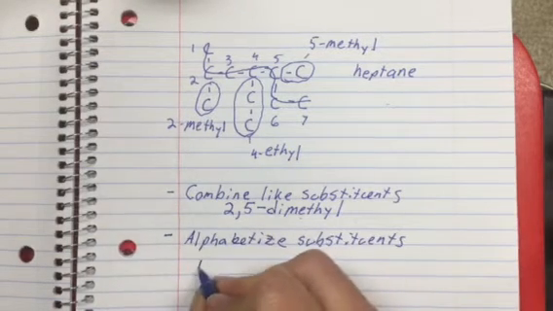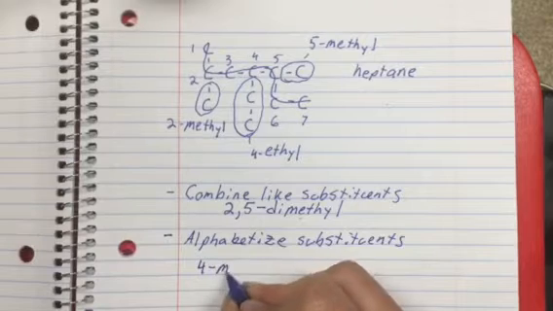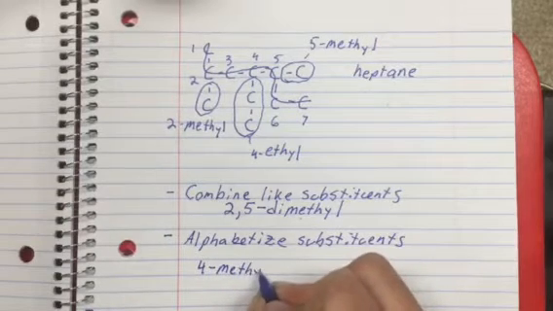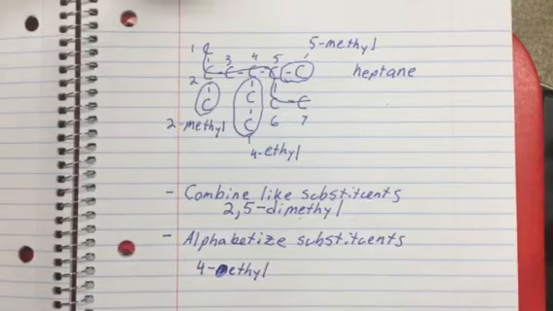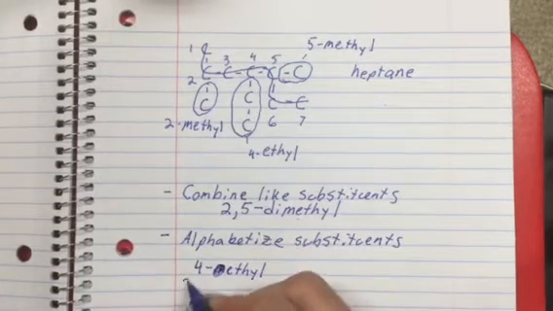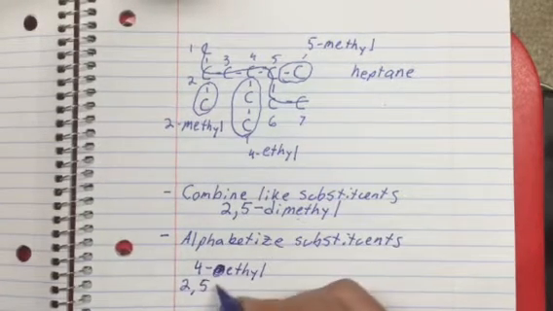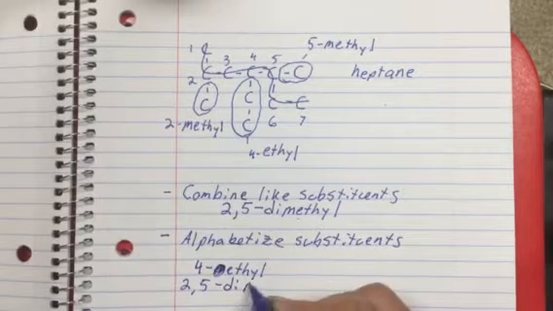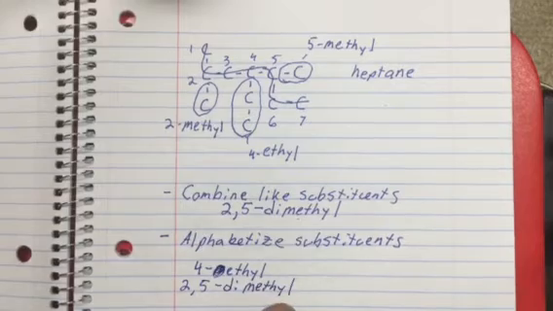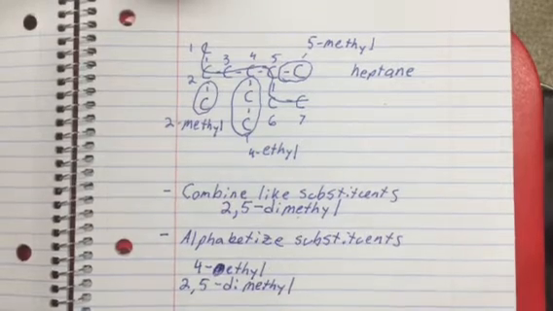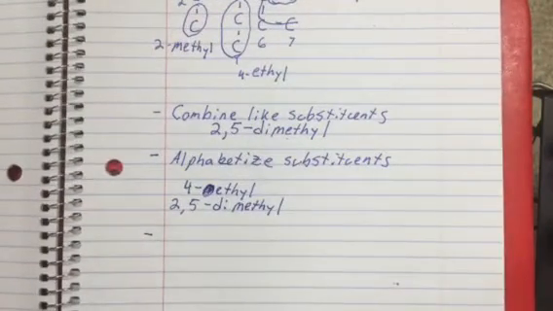So we have 4-ethyl, and then 2,5-dimethyl. Okay, and then we're going to link the whole name together.